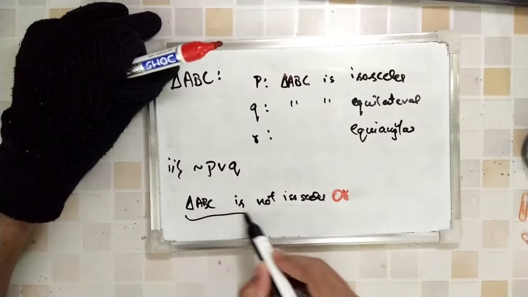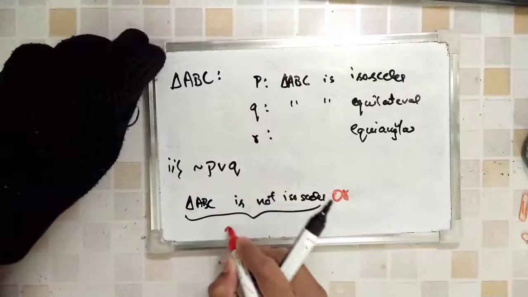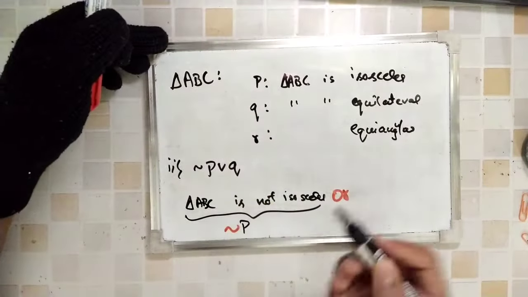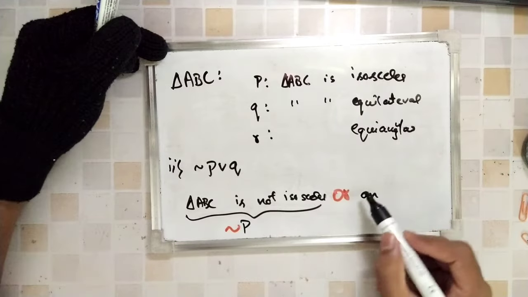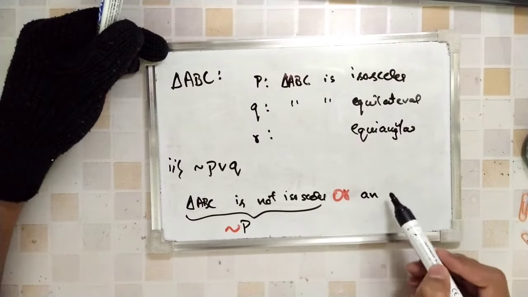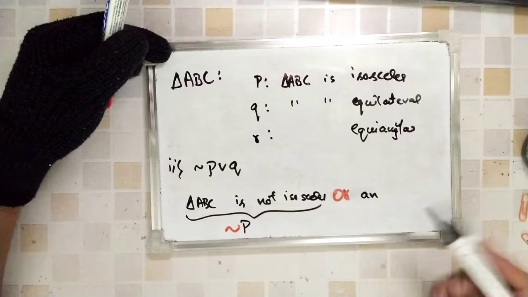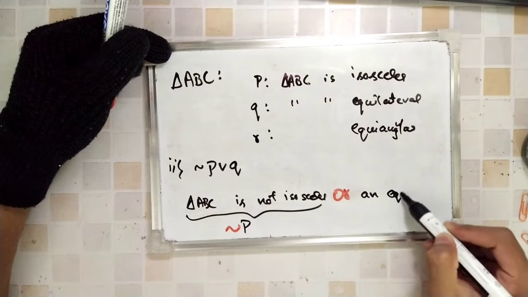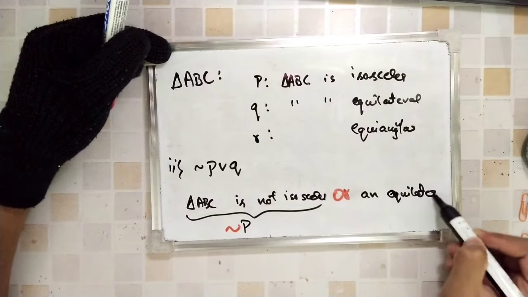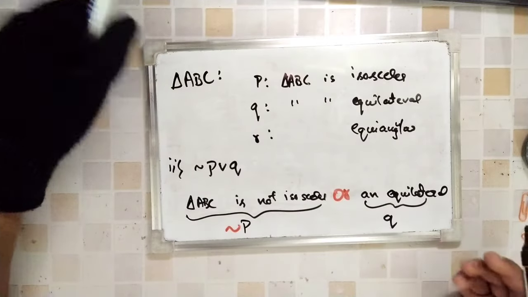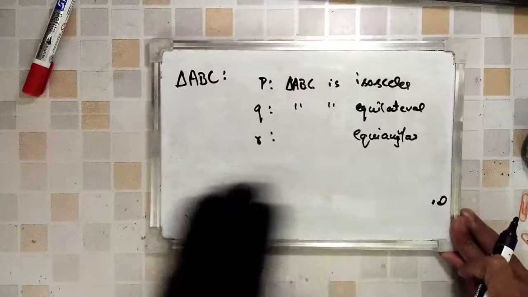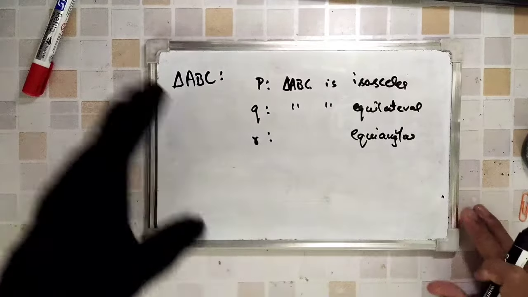This thing is negation of P. Then or, and then triangle ABC is an equilateral. I don't have to write ABC again, in simple English you can directly write equilateral. So this thing is only Q. If I am erasing, just pause, go back and see it again.